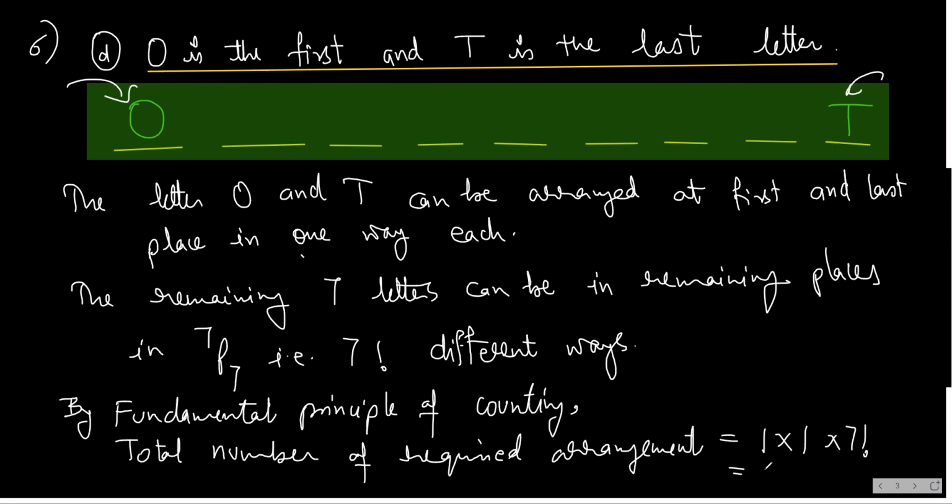That is equal to 5040 ways. There are 5040 types of arrangements for the required question.